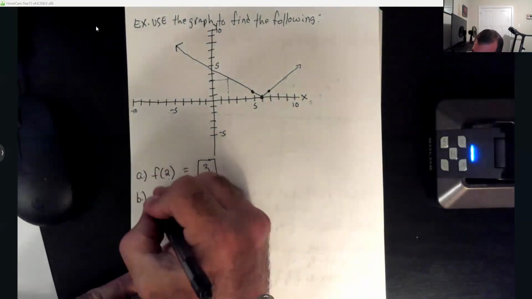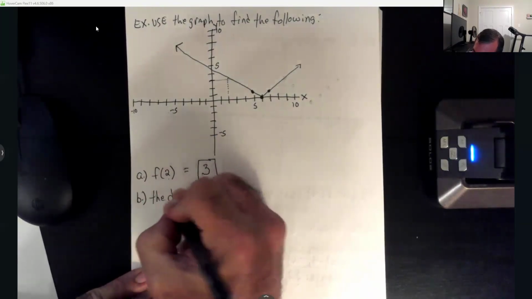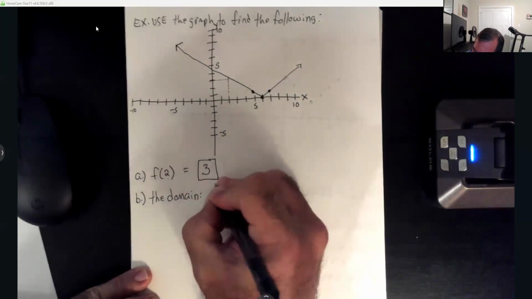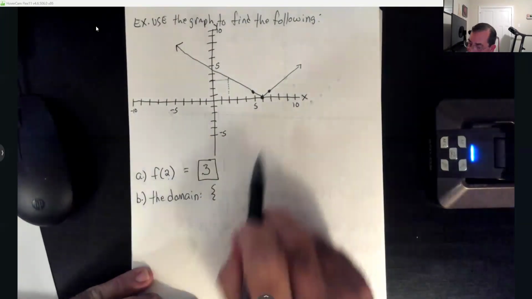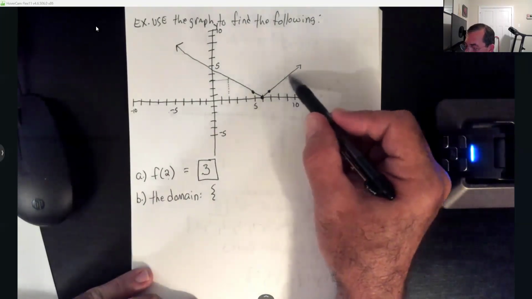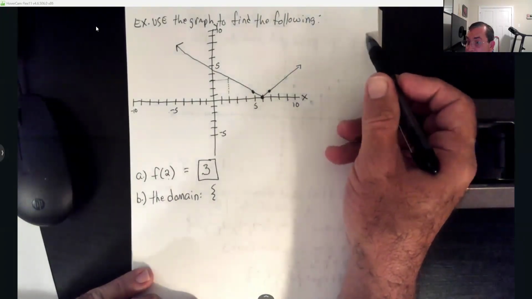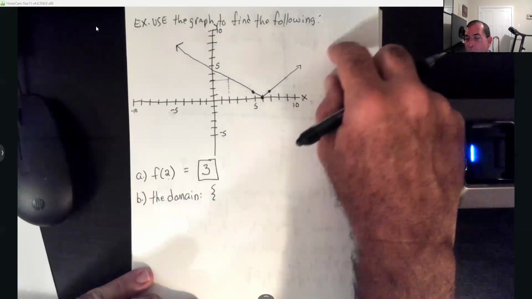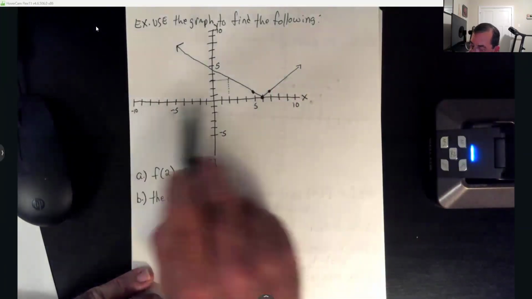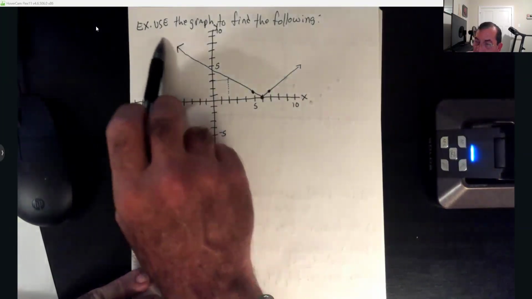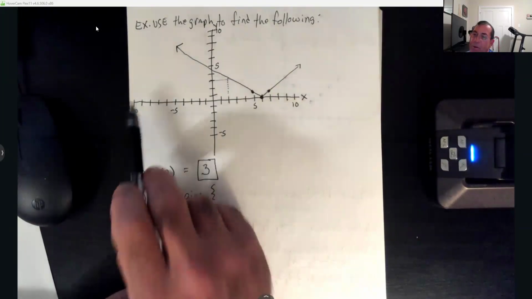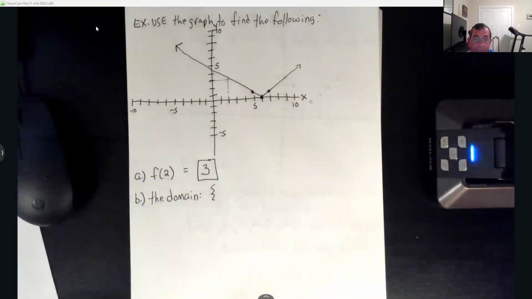So now how about the domain? Well, the domain is the x's, but y'all look at this. These x's go to the right forever. They're headed off towards what we call positive infinity. The x's to the left, because this graph is going forever to the left, so this side's headed towards negative infinity.